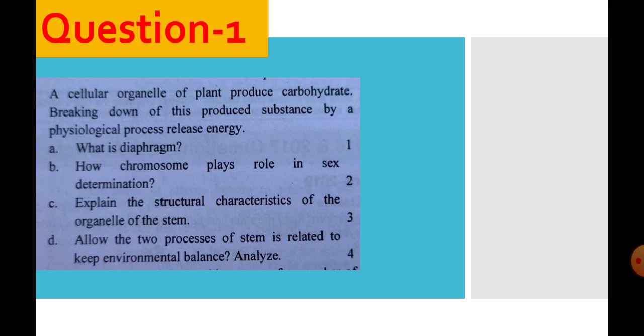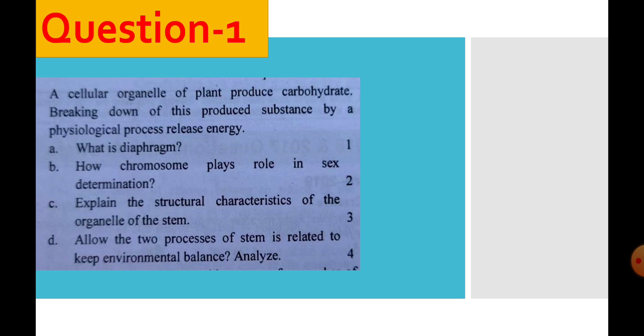I'm sure that you know that this is the chloroplast. And the breaking down of this produced substance, the food, by a physiological process releases energy. So this is producing energy by cellular respiration. In the stem, two processes are mentioned: the photosynthesis process and the cellular respiration process.